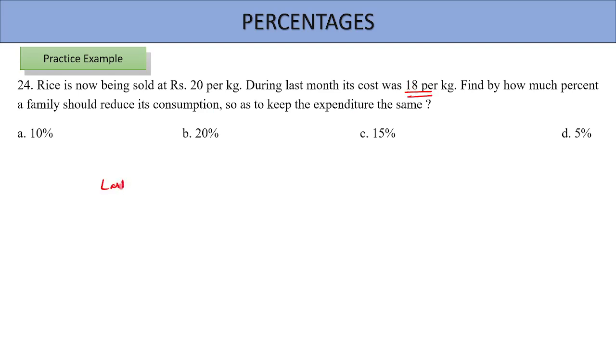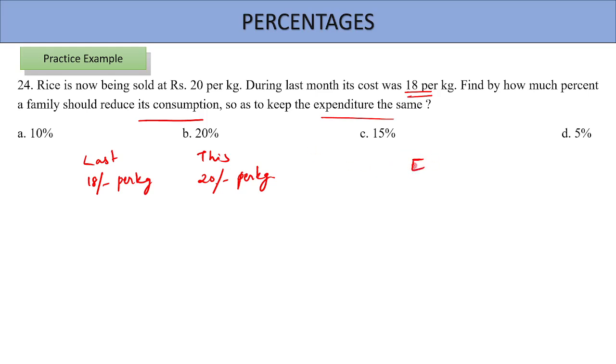So last month was 18 rupees per kg and this month it is 20 rupees per kg. Find by how much percentage a family should reduce its consumption to keep the expenditure the same.